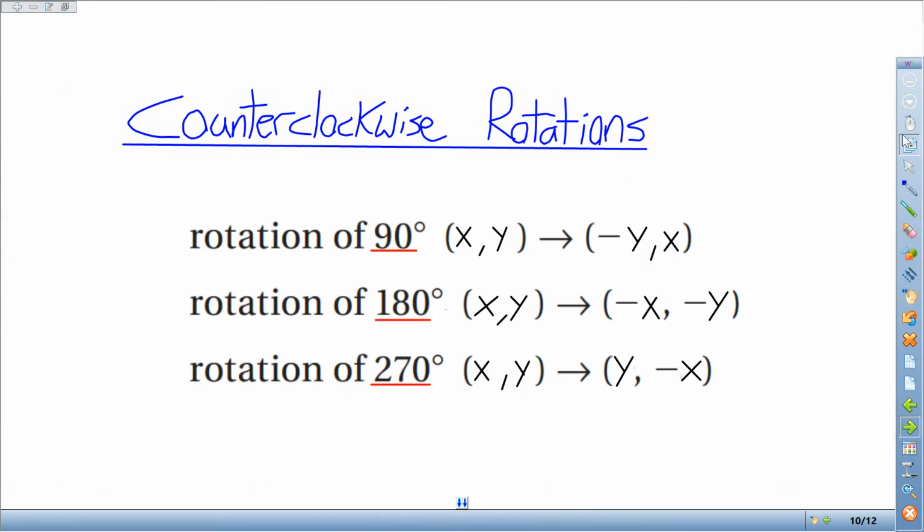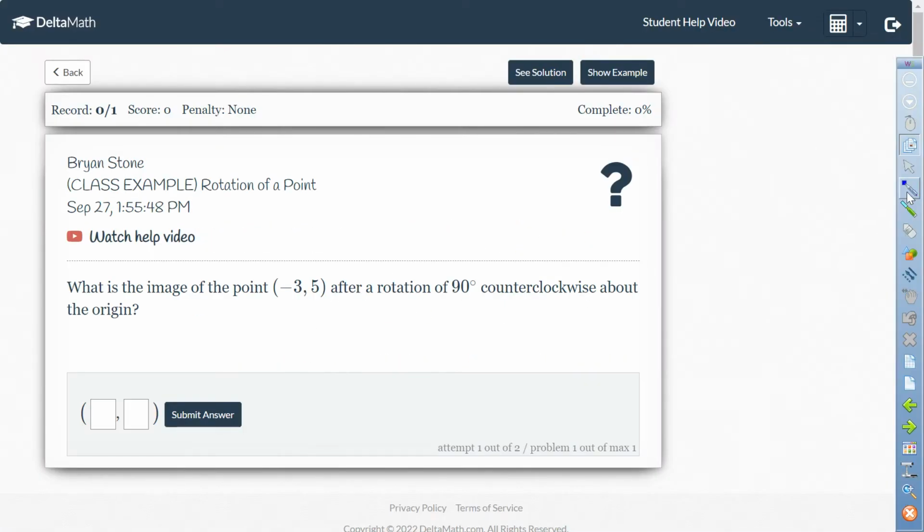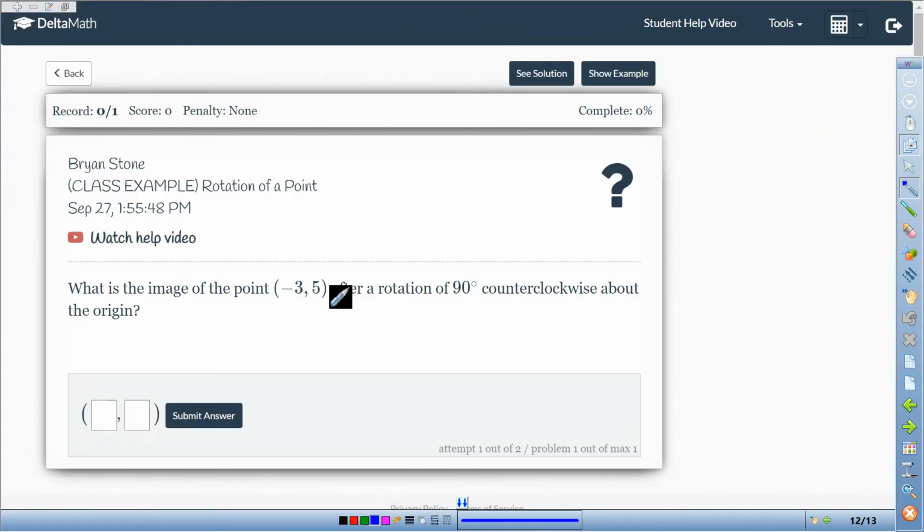It's just a single point, so nice and straightforward. The first thing I always recommend is swap the two numbers to (5, -3), and then change your y value. If it's a positive 5, now it's a negative 5. It's really that simple. There's my answer.